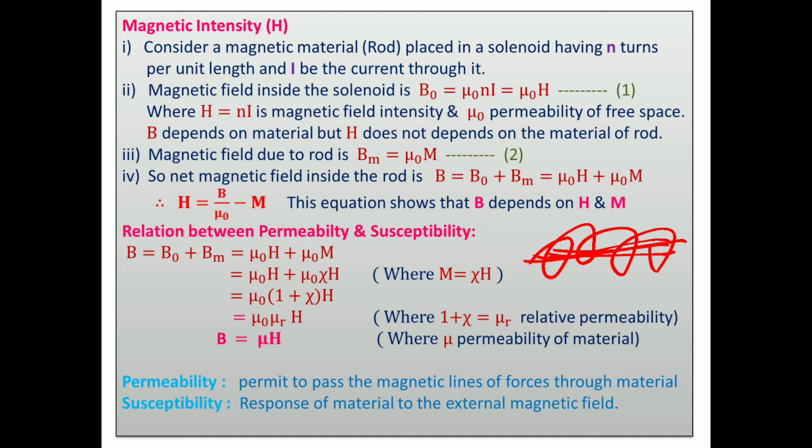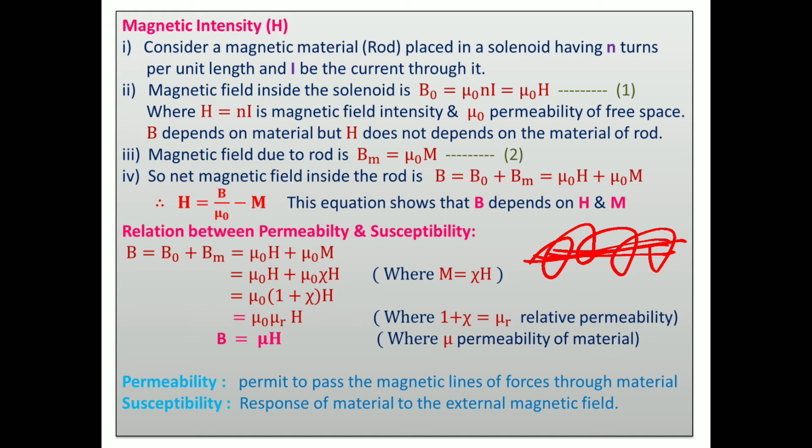Then the magnetic field inside the solenoid B0 equals mu 0 nI, which equals mu 0 H. The proof of this formula is in a previous chapter. Here H equals nI, and it is the magnetic intensity, the magnetic field intensity.